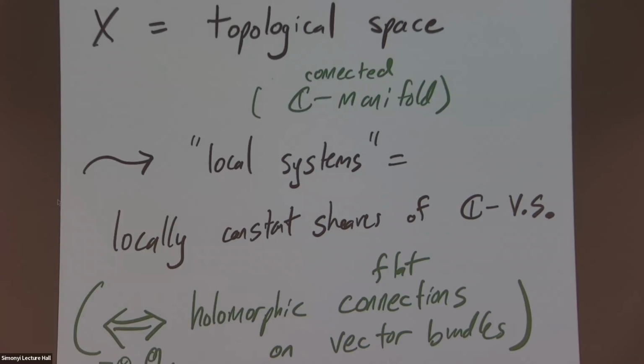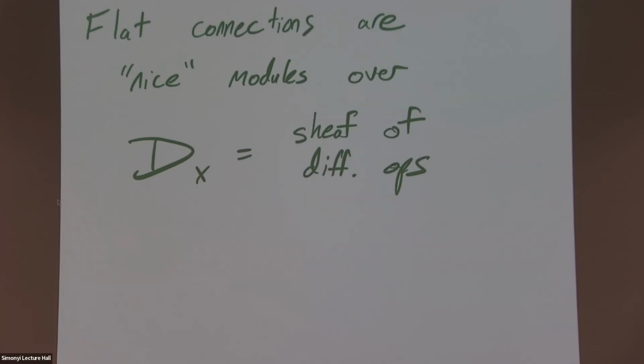A connection is some way to differentiate the sections of your vector bundle. So maybe it shouldn't come as a surprise that these flat connections are certain modules over the ring of differential operators. Basically the flatness allows you to extend these differentiation actions to the entire ring, so commutativity holds between different partial derivatives.